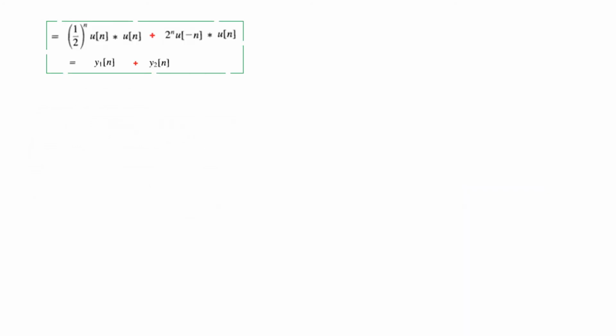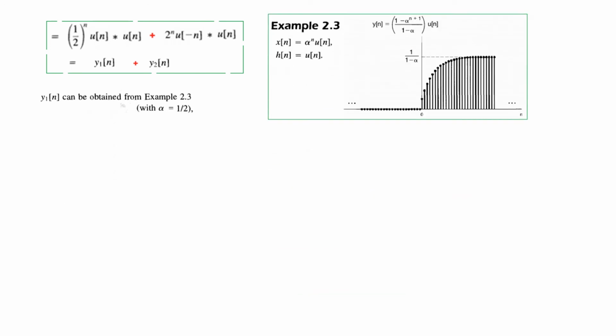Okay, so we were here, and we had done example 2.3, if you recall. This was x[n], and h[n] was u[n], and the result we got was y[n] equals (1 minus a to the power n plus 1) divided by (1 minus a), times u[n].